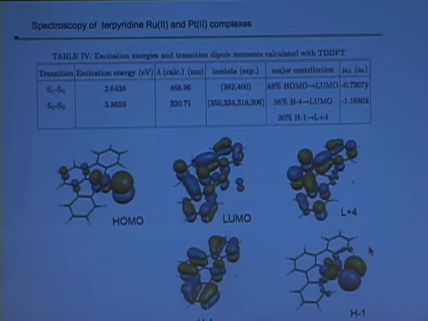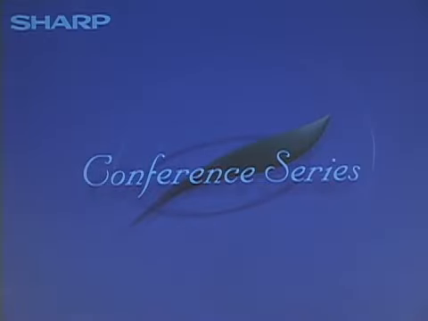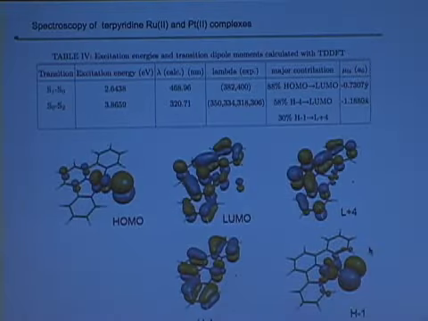And the second transition corresponds to HOMO-4 to LUMO, and HOMO-1 to LUMO+4 transitions. The spectroscopist was able to assign this kind of peak without really doing calculation, and our calculation confirmed their assignment with slight corrections.